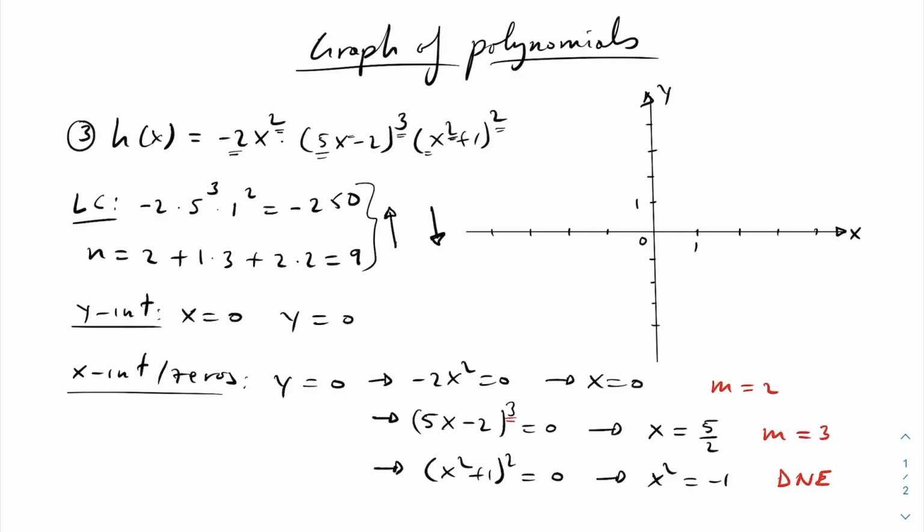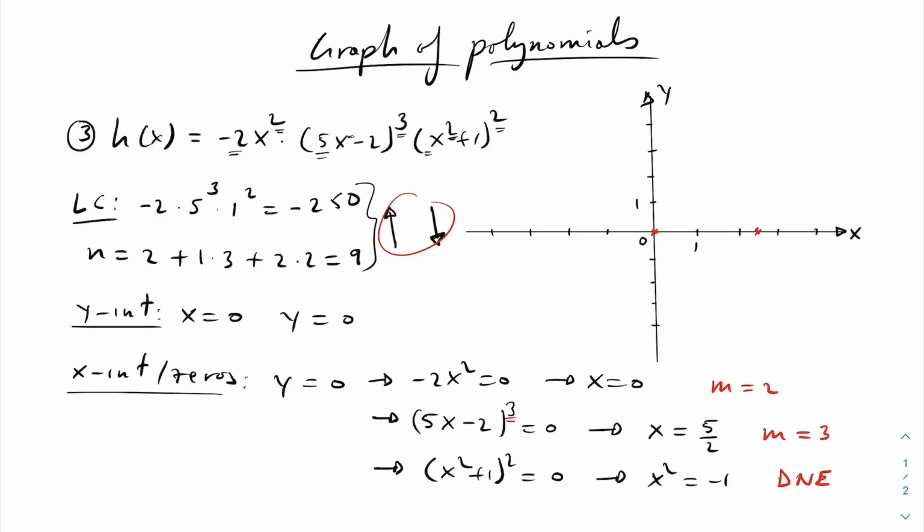So once you're done with figuring out all of these things, you can go ahead and start plugging those points into your graph. And so I'm going to have the point of coordinate x equals 0, y equals 0 here. And I'm going to have the point of coordinate x equals 5/2 and y equals 0. So those are all my zeros. And so keeping in mind that my function's end behavior on the left should be that the function goes up to infinity, and on the right should be that the function goes down to negative infinity.